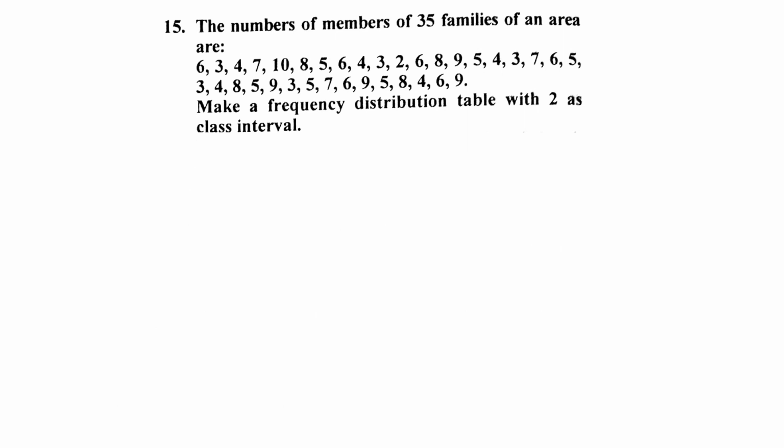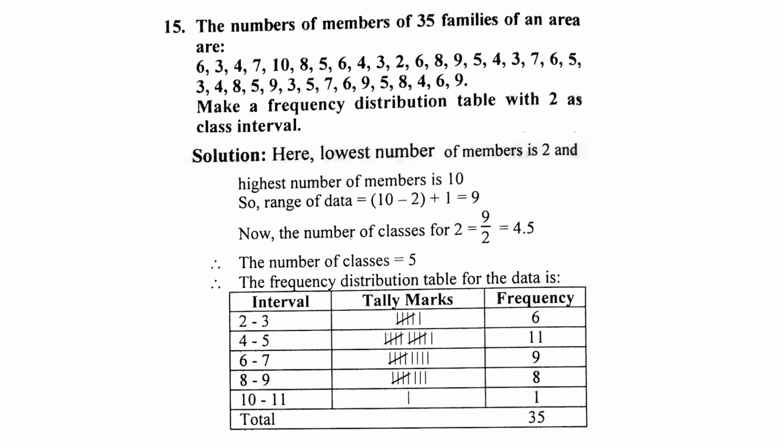Now question number 15. The numbers of members of 35 families of an area are given. Make a frequency distribution table with 2 as class interval. So all problems are similar. The difference is the class interval. Here the lowest number of members is 2 and the highest number is 10. So the range of data will be 10 minus 2 plus 1, that is 9.